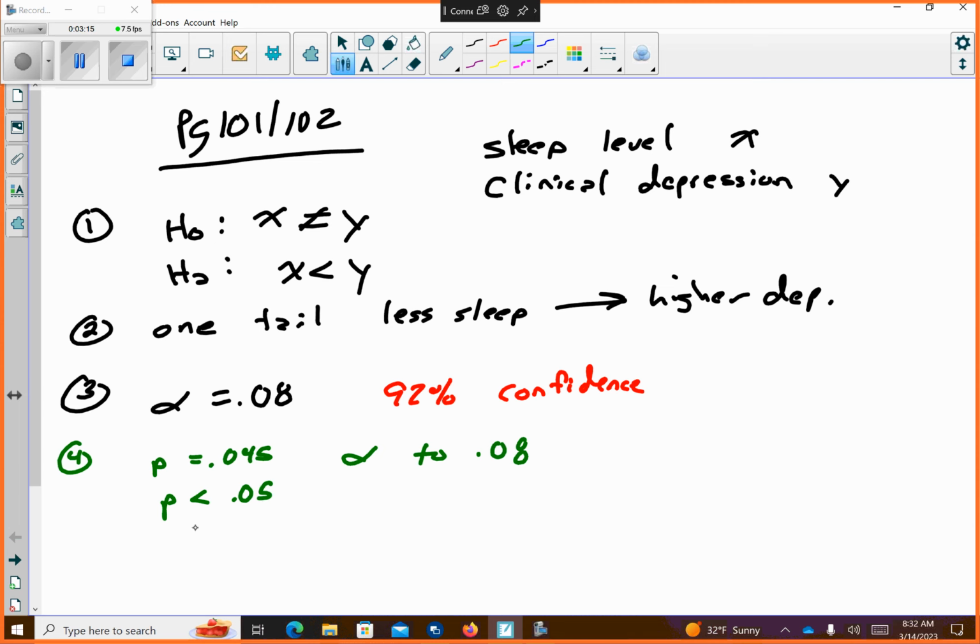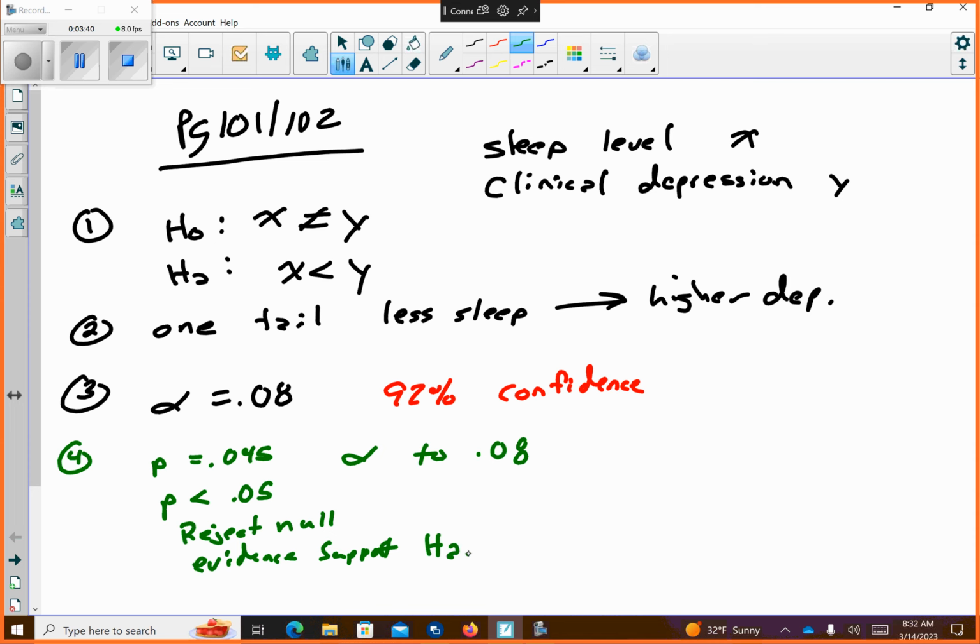So this would mean that we have a p-value less than 0.05, so we reject the null, with evidence supporting our alternative.